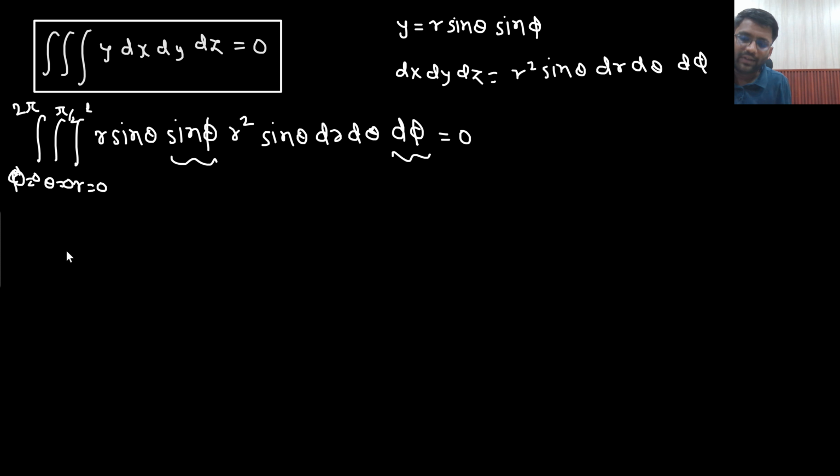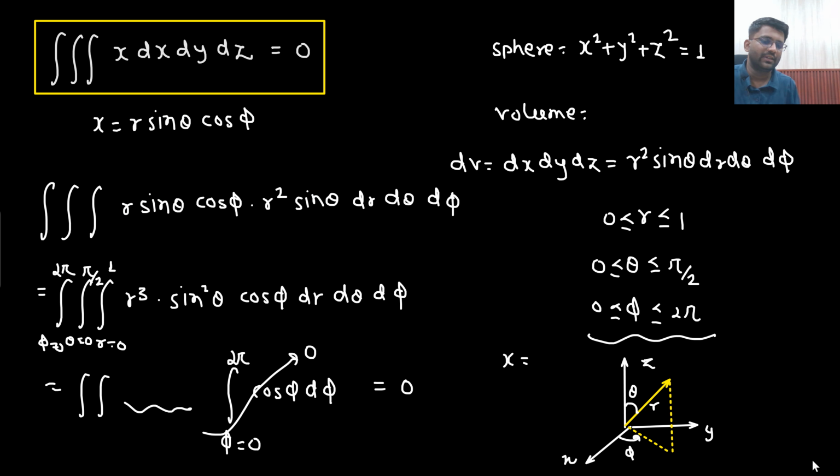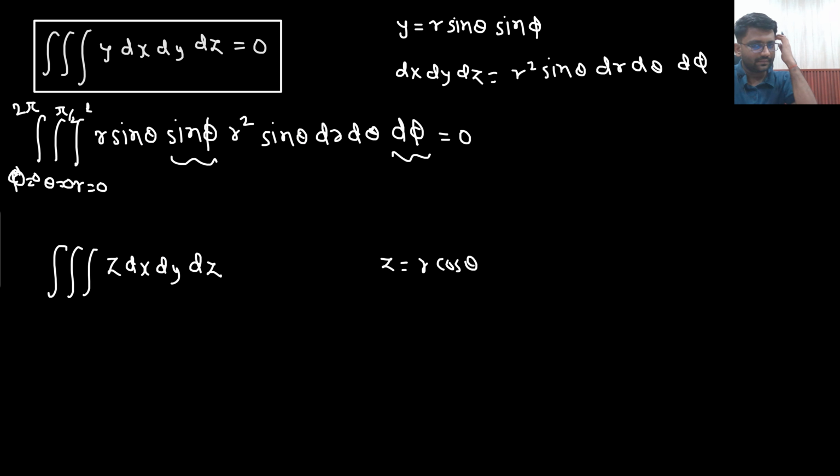But now, sir, we will have to calculate z dx dy dz. So now let me know what is the value of z. z is nothing but r cos theta, you see from here, right? And dx dy dz is this scenario.